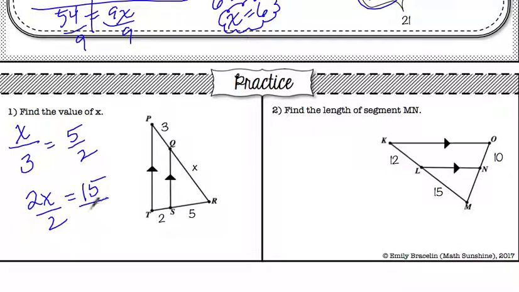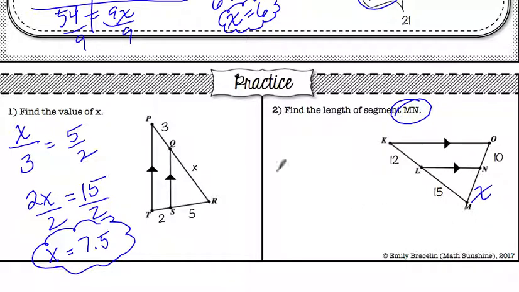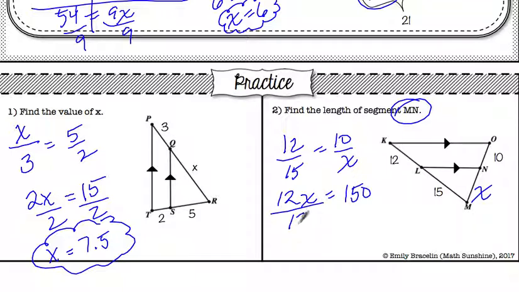Divide by 2, x equals 7.5. Then I'm going to do, this says find MN, which we'll call x. 12 over 15 equals 10 over x. Cross multiply, you get 12x equals 150. Divide by 12, and you get x equals 12.5.